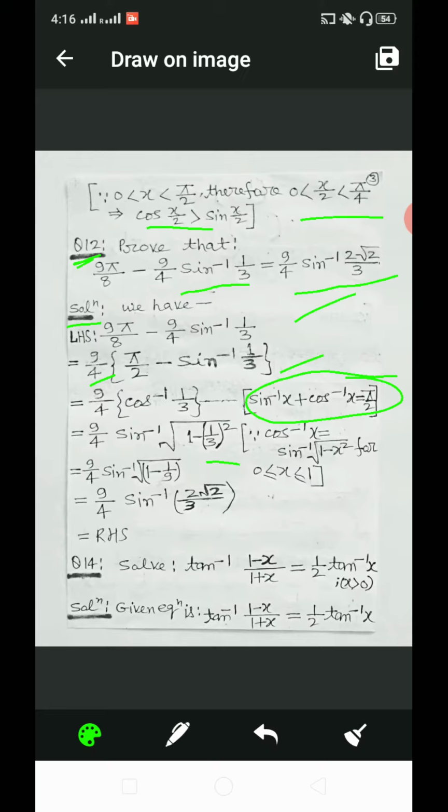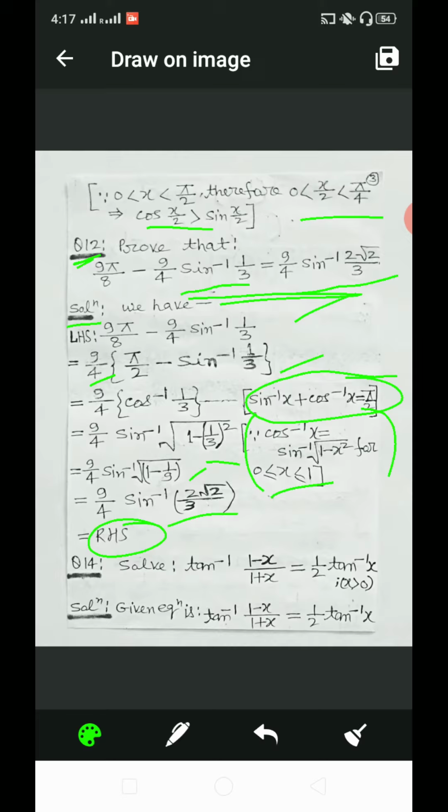Also we use the property cos inverse x is equal to sin inverse of square root of 1 minus x square, for x belongs to closed interval 0 to 1, and this is equal to 9 by 4 sin inverse of square root of 1 minus 1 by 9, and this is equal to 9 by 4 sin inverse of 2 root 2 by 3, and this is equal to RHS.